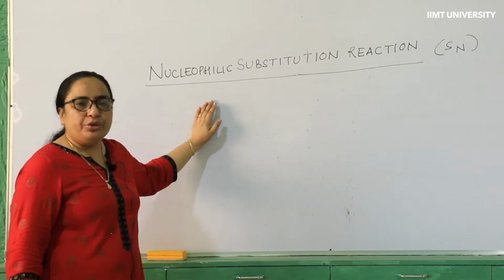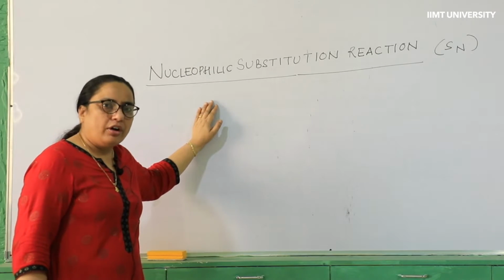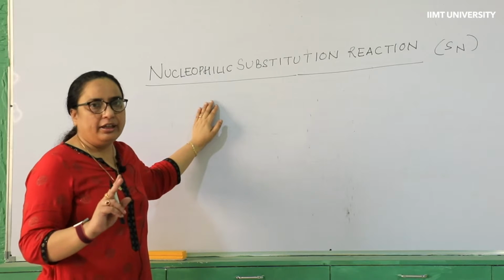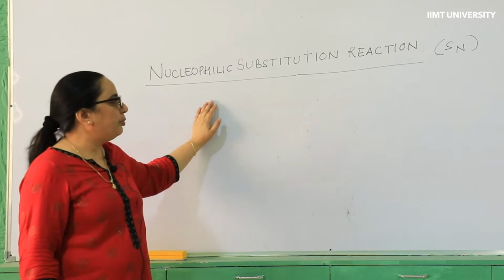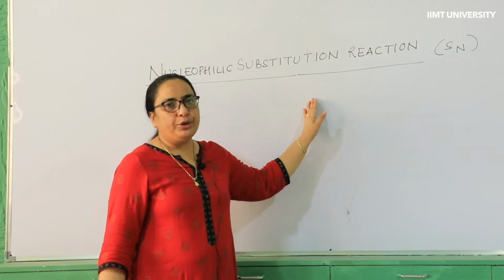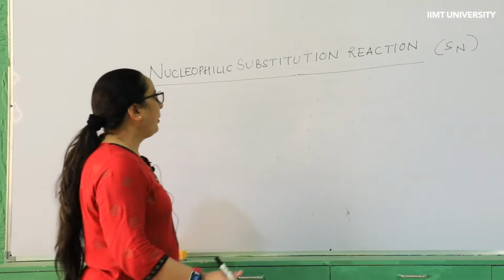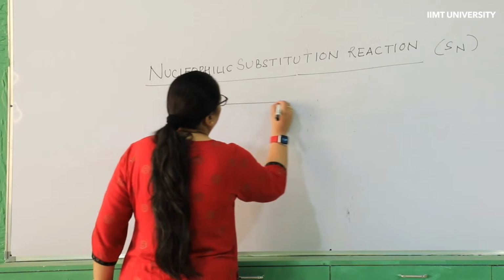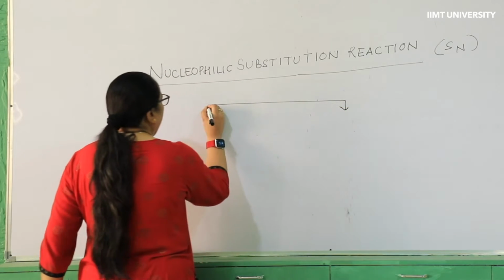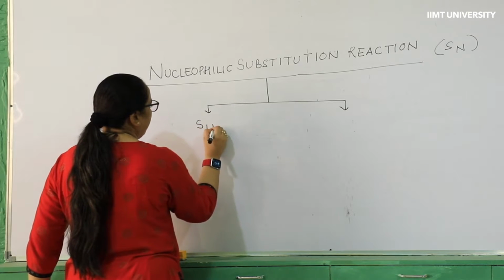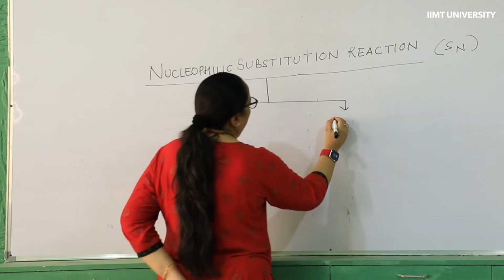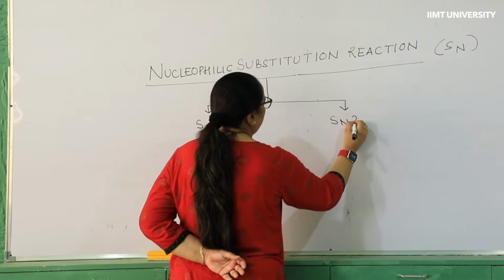So, in the substitution reaction, as I have already said, the two types are there, nucleophilic and electrophilic. Let us start discussing with the nucleophilic substitution reaction. As I have just told, it is of two types, SN1 and SN2.